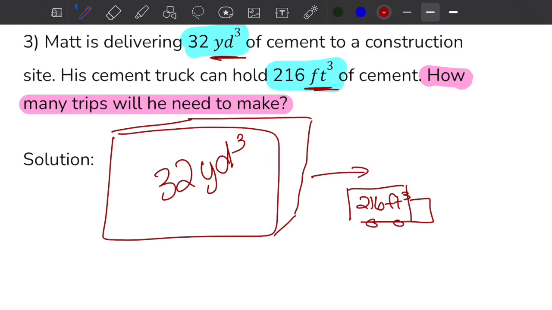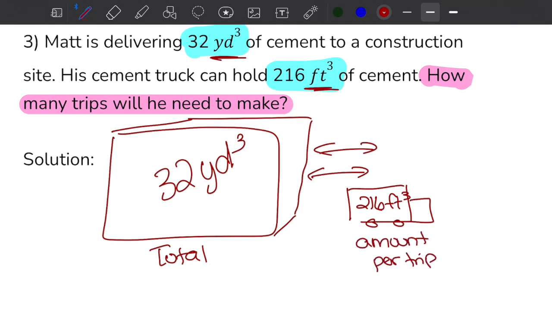So how many trips will he have to make? So this is the total, and this is the amount per trip, or you can say the amount per group. And I use the word group intentionally because that helps clue us into what operation to use.